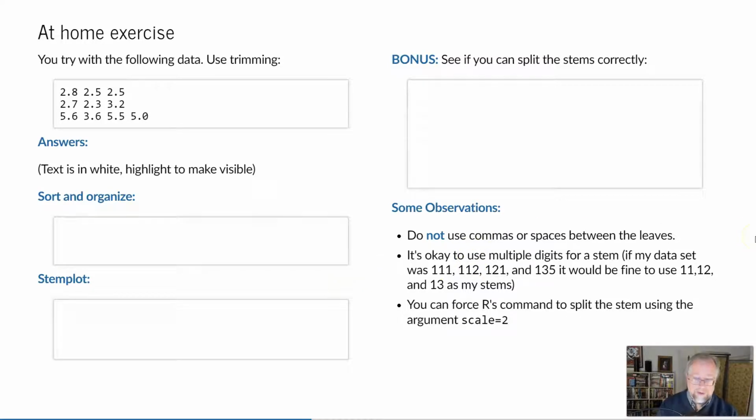Now when you're doing it, a few things to be careful of. Don't use commas or spaces between the leaves. That ends up being misleading. If I were creating a stem plot and I had, say, a 0 and a 1 as some stems, oops, let me try that again. A 0 and a 1, and there's my separator.